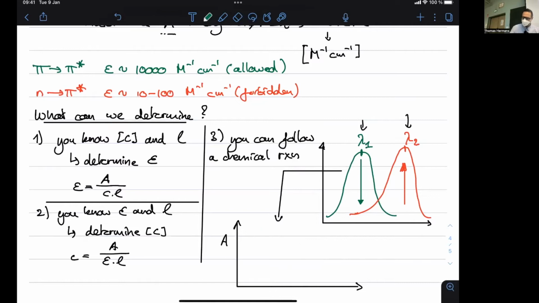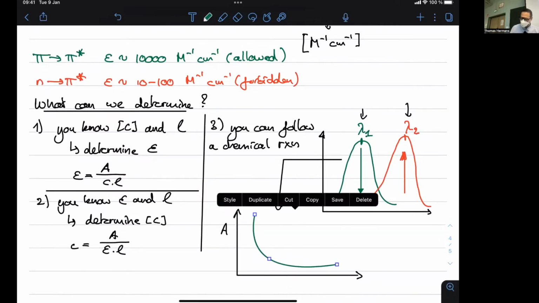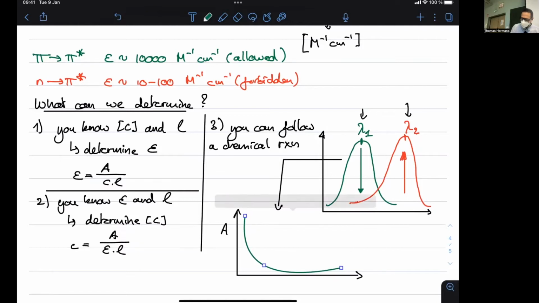Okay, we'll see that in kinetics, okay, but this one will decrease and this one will increase.